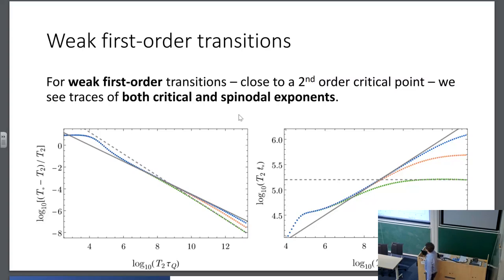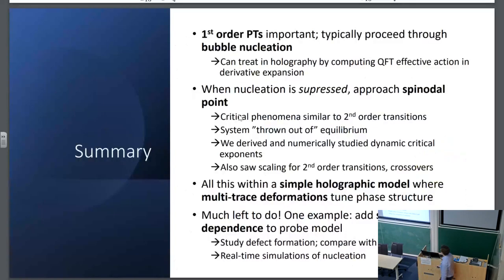Okay, so it's kind of fun. You can see traces of all of them. It's maybe not super clear here, but you have two different slopes, and you see that some curves at least follow both of them to some extent. Okay, I guess I went very quickly.